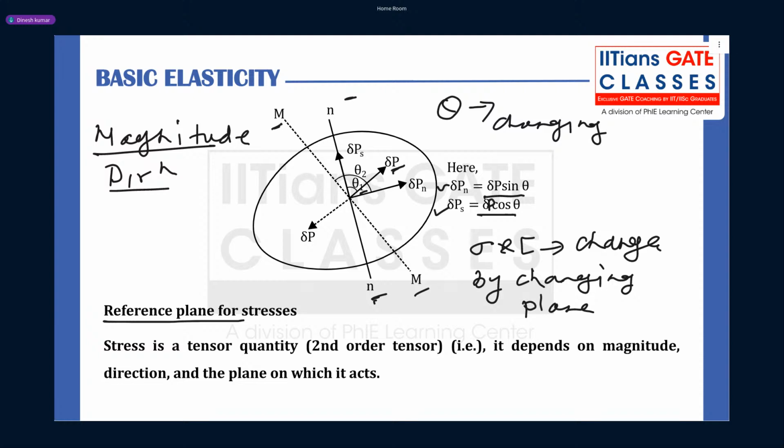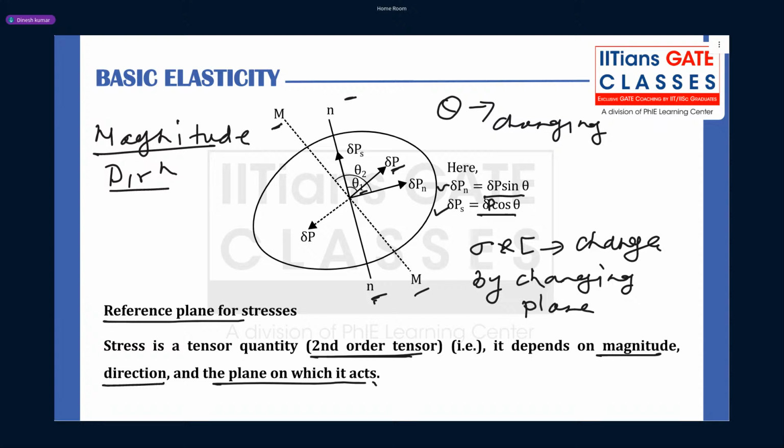So stress is a tensorial quantity of second order. Clear everyone? So it depends on magnitude, direction and the plane on which it acts. Everybody it is clear? Why stress is a tensorial quantity? Yes or no?